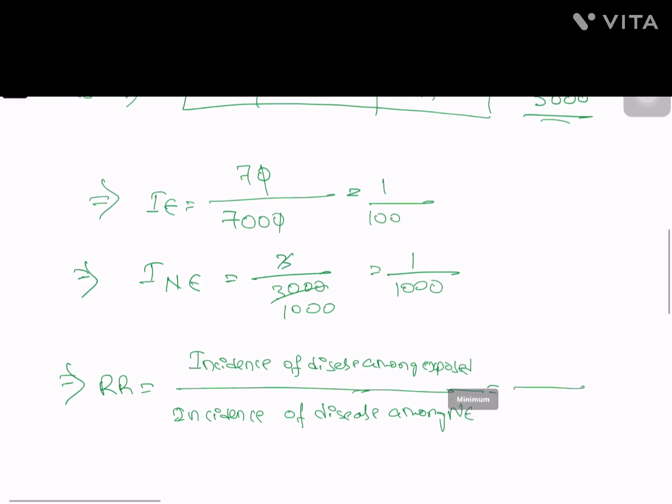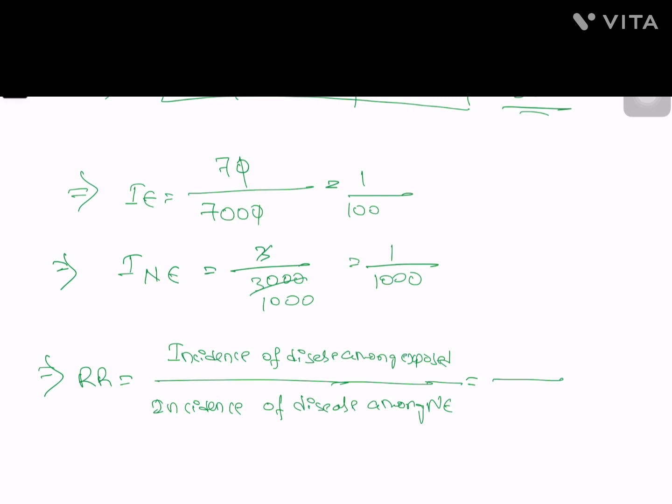What is the incidence of disease among exposed? 1 by 100. Among non-exposed it is 1 by 1000. So 1000 by 100, that is 10.